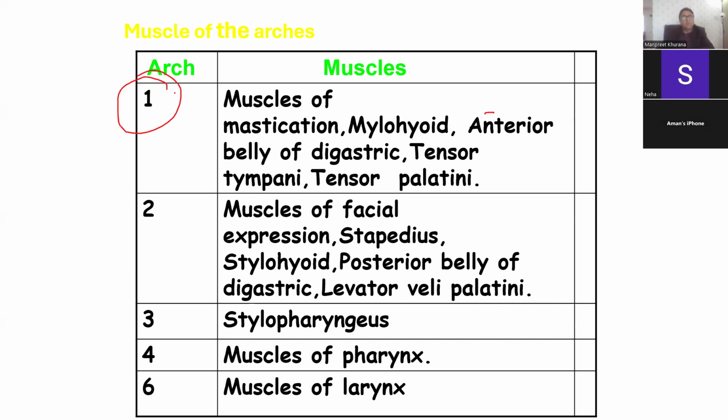Neha, can you tell me which nerve is related to the first arch? Facial nerve? How can you say it's facial nerve? What is the name of the first arch?